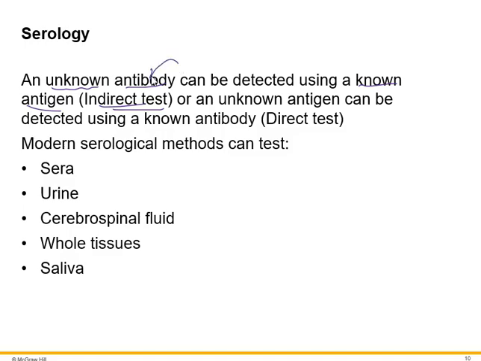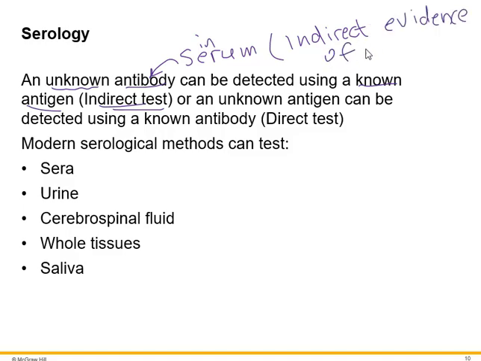It's indirect because you're looking for antibodies in serum, and that is indirect evidence of exposure. So you may have hundreds of antibodies floating around that would detect different things. So it's indirect evidence of exposure.